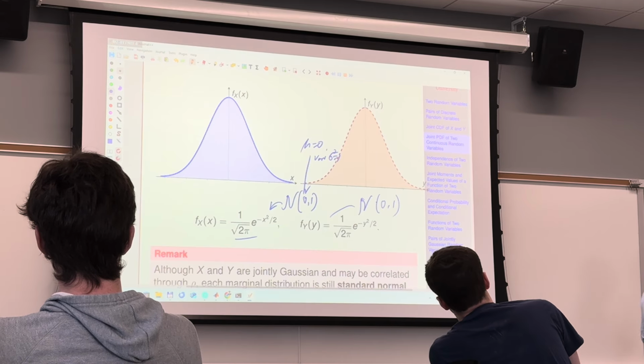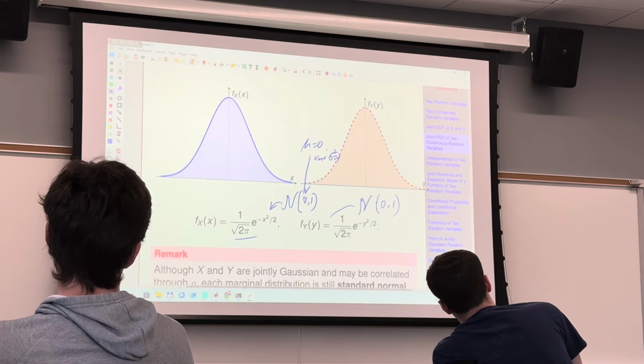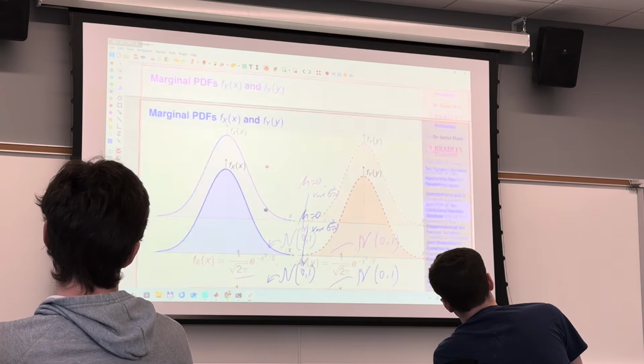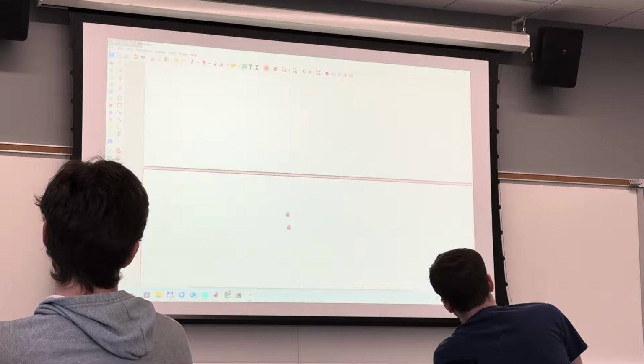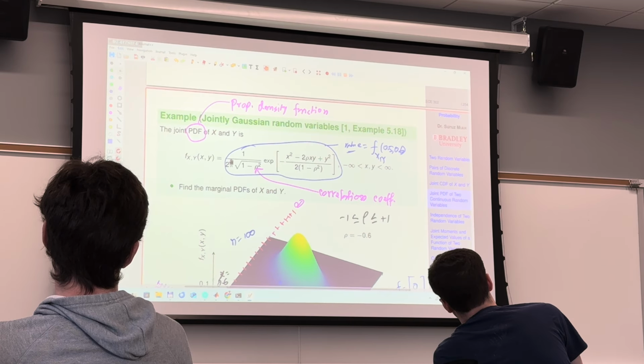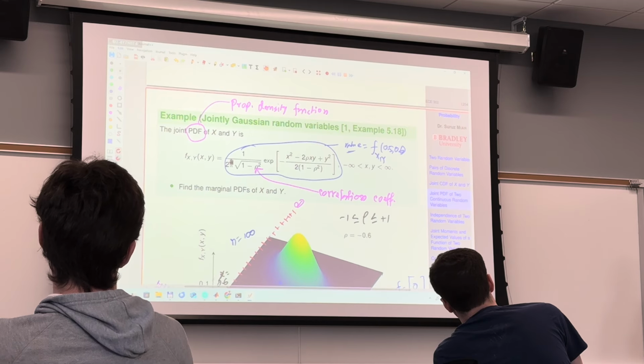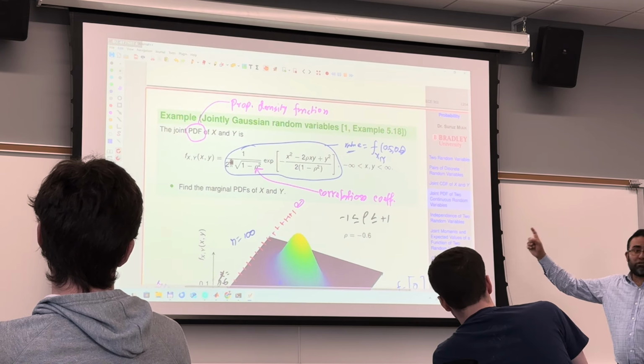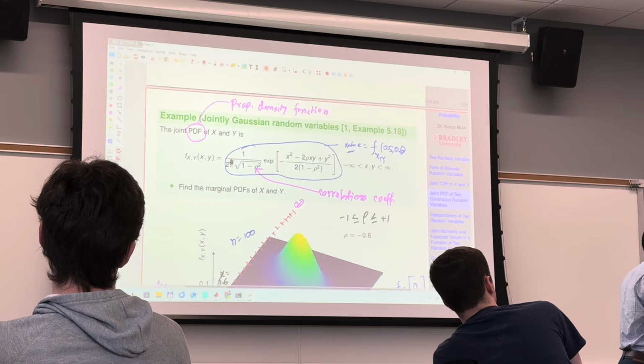And also the joint PDF, that 3D plot that we saw, this is also a special case of a generalized joint PDF that is part of the computer assignment. This is also a special case of generalized joint PDF.